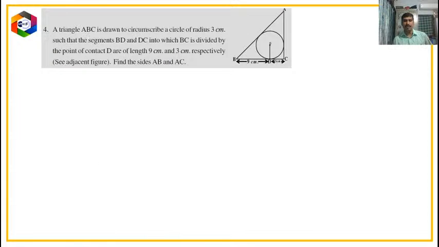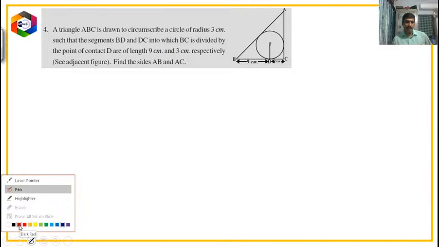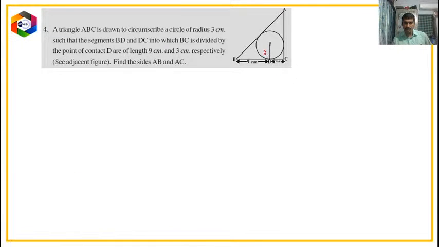Such that the segments BD, DC into which BC is divided. So here, since it is touching, BD is 9 centimeters in the diagram it is given, and CD 3 centimeters. Now, and the radius is also given 3 centimeters. That is very very important. Children, that is very very important here. Let us observe that. And this is also 3 centimeters.